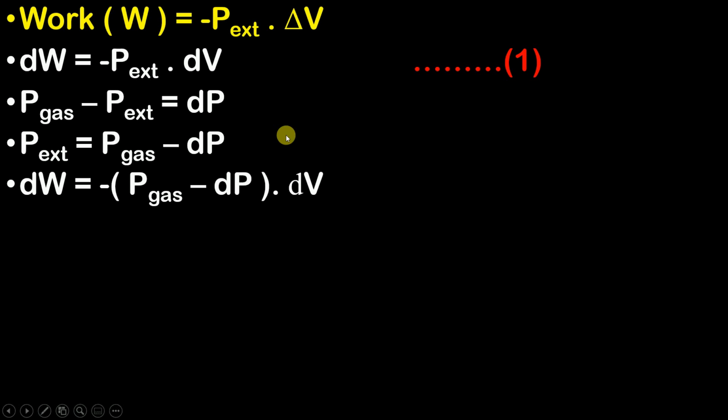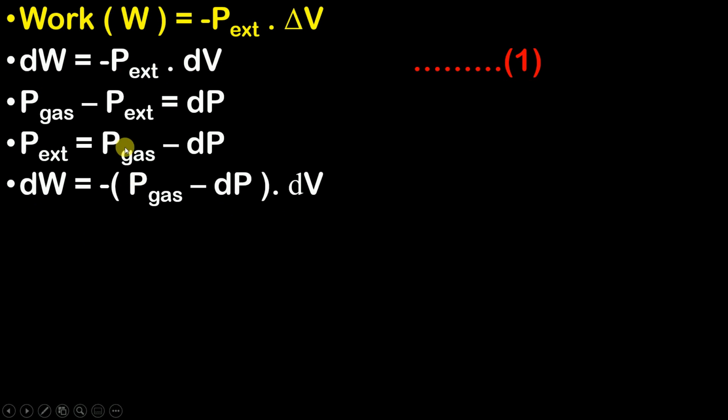Now we know one thing, guys, that we substitute this formula for P external. What is the formula of P external? Pressure of the gas minus dP. So just substitute this in this yellow color equation number 1. After substituting the value of P external in this equation, you get something like this.